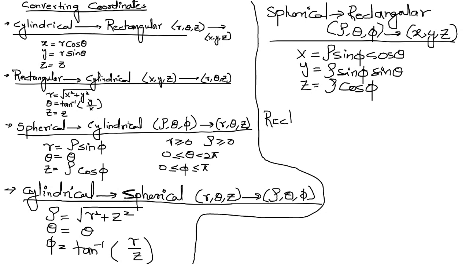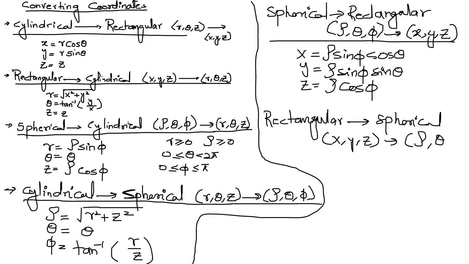If you have rectangular coordinates, meaning x, y and z, and you want to change them into spherical coordinates, rho, theta and phi, how will you change?